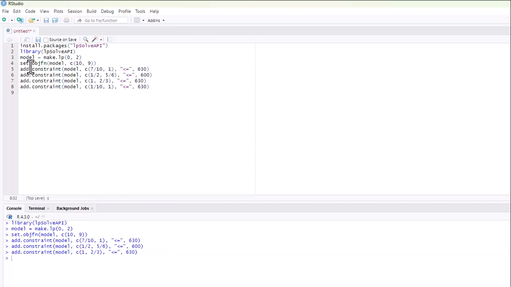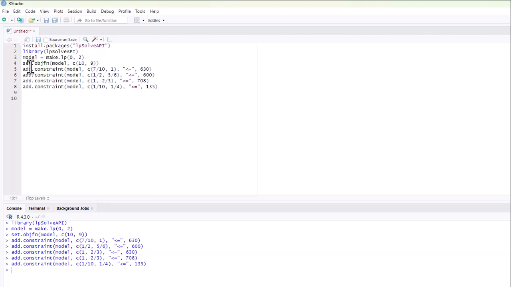Put 10 and 1 over 4. Here it is 708, and here it is 135. All right then, our constraints are set.